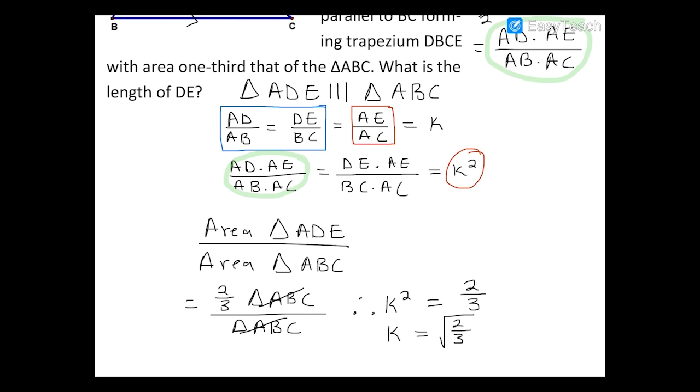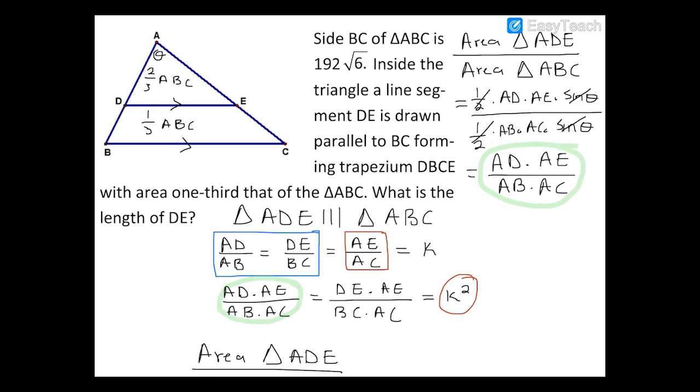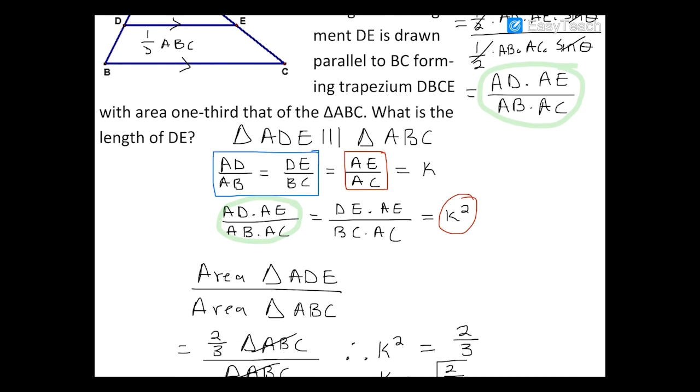Okay, which makes the proportion between sides of these two similar triangles being the square root of 2/3. Okay, now from the question they want side DE, but they gave us the length of side BC. We can say DE over BC because these two sides are corresponding to each other from the two triangles.